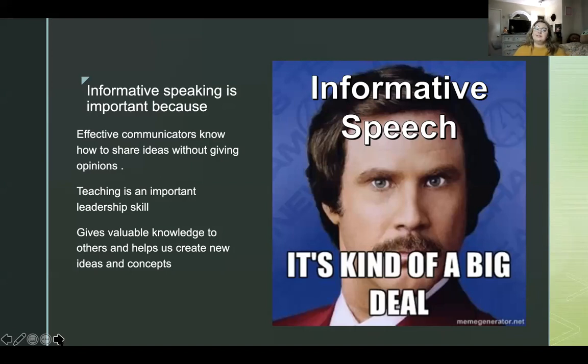It's really important because effective communicators know how to share ideas without giving opinions, because opinions aren't always necessary. Teaching is a very important leadership skill, and by doing informative speaking, you are teaching. Informative speaking gives valuable knowledge to others and helps us create new ideas and concepts.